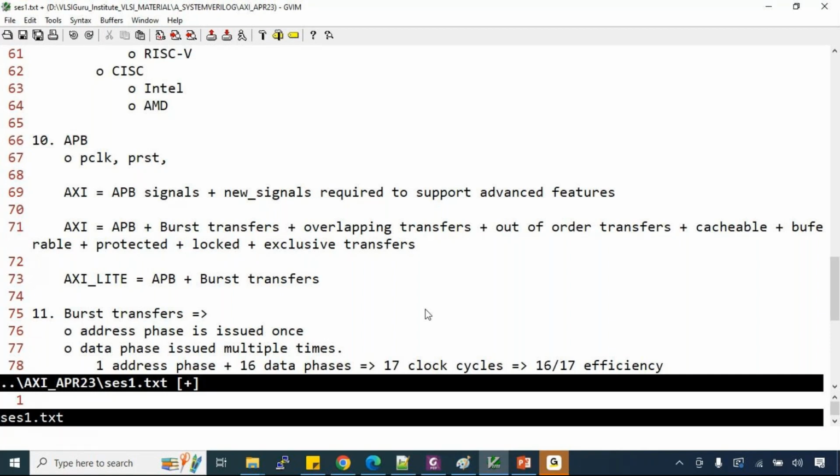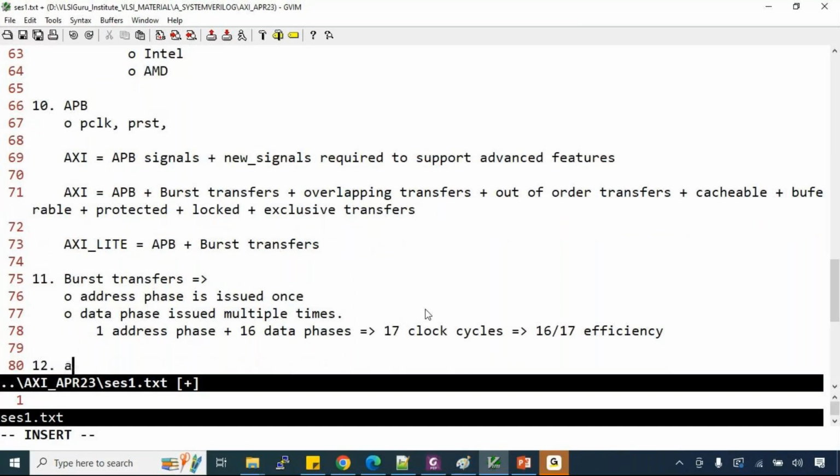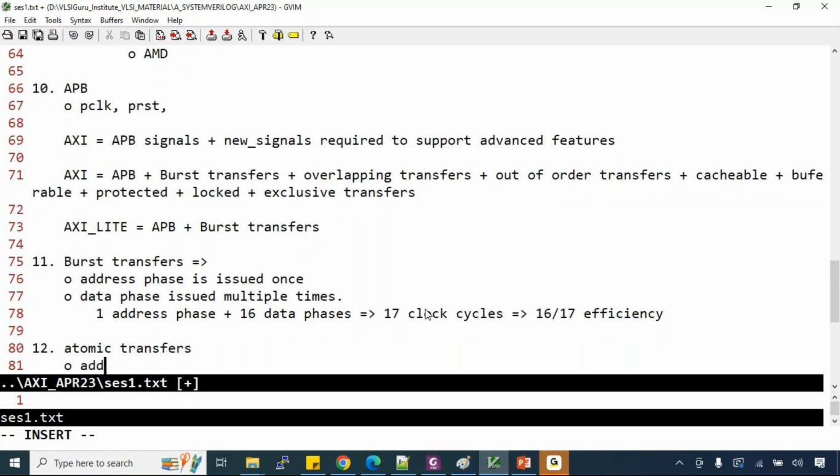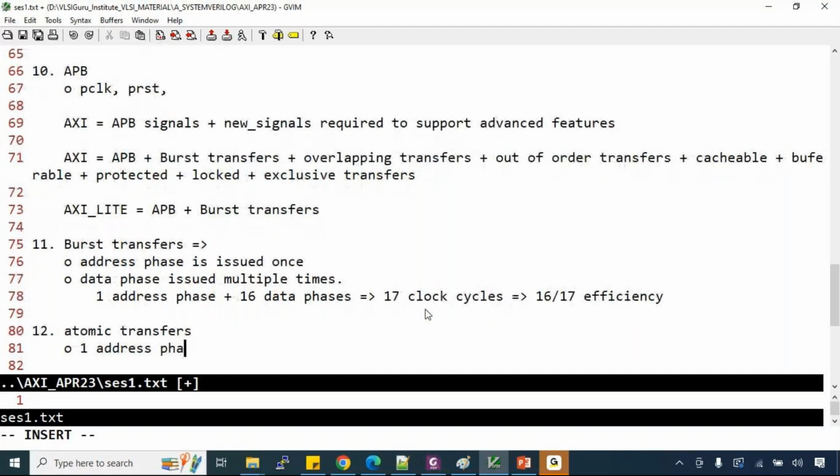Without burst transfers, let's call them atomic transfers, for example. In atomic transfers, one address phase has only one data phase, no multiple data phases.